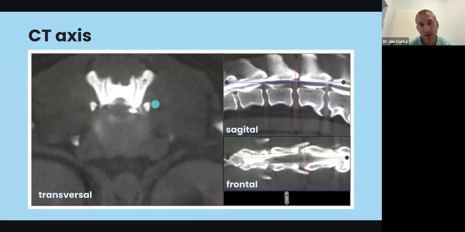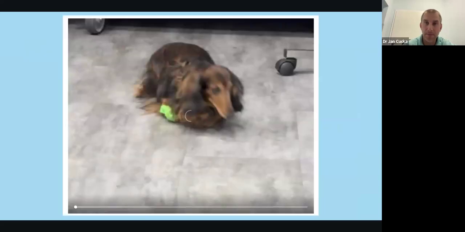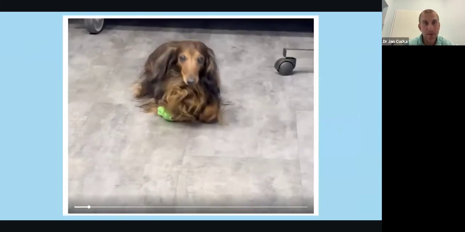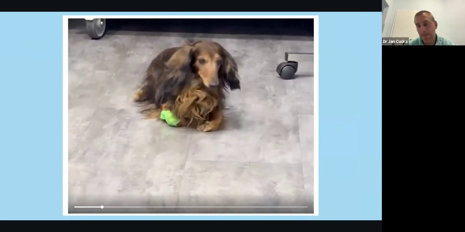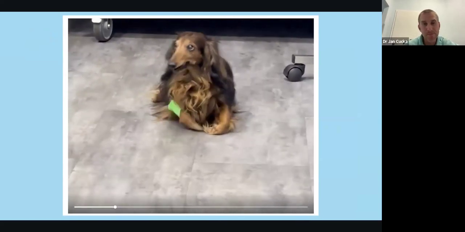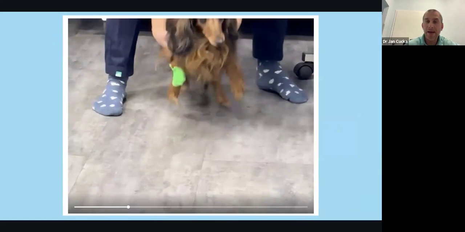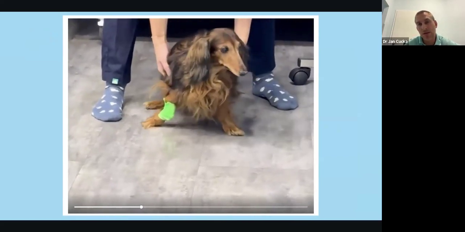So this is a transversal view, this is a sagittal view, this is a frontal view, and we use all three views for examining and reading CT myelographies. So that was some theoretical beginning.